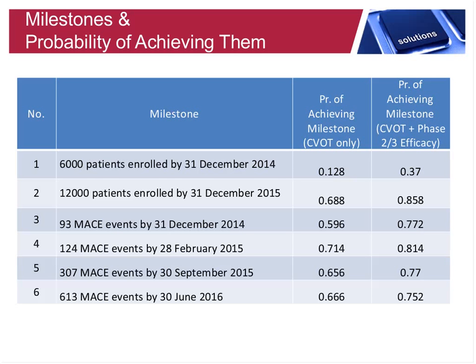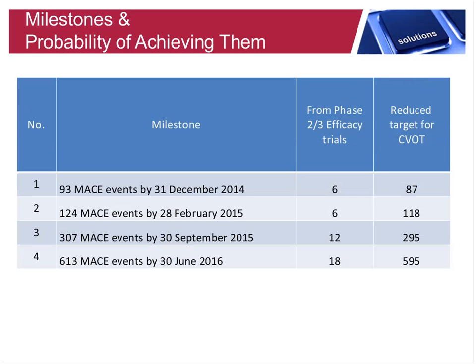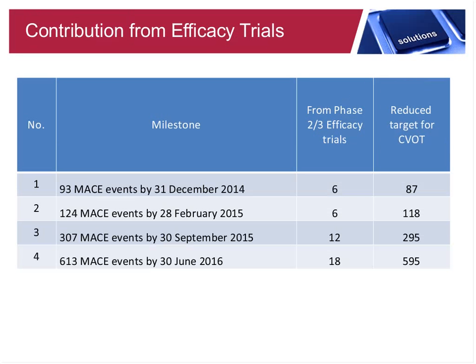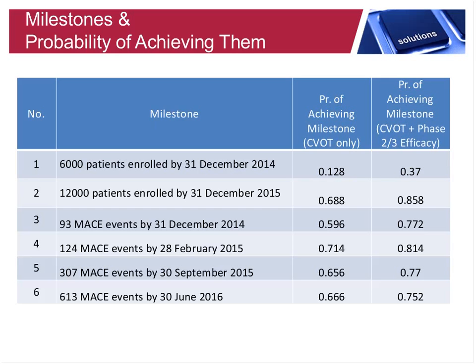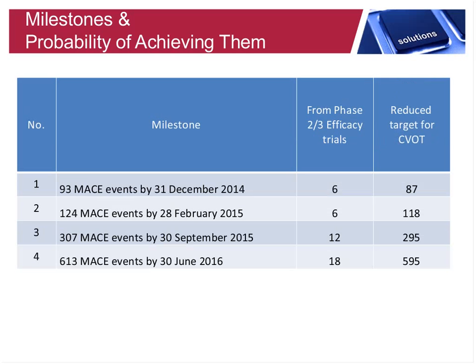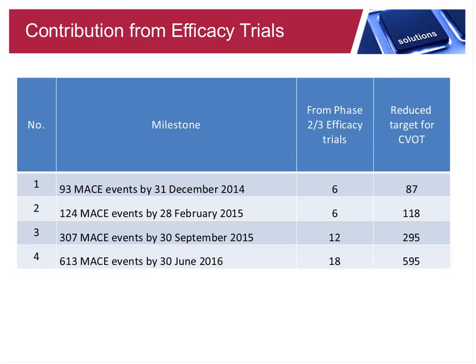Once we see this, the next step, we want to go into a little more detail and see what this chart really looks like. Oh, I'm sorry. This is yet another specific here. Here we are looking into exactly how many events we get from efficacy trials.